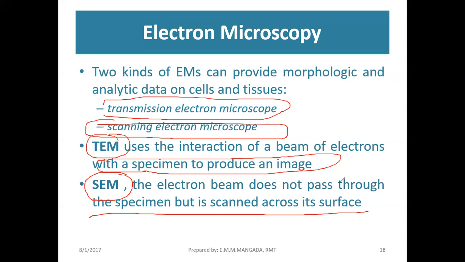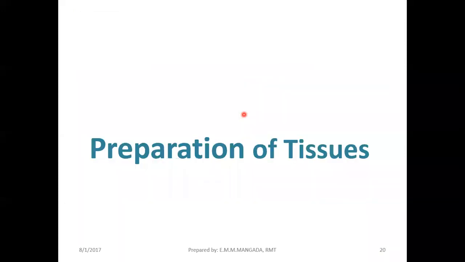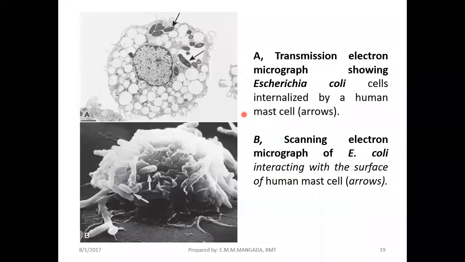So guys, now we have here a picture showing you the difference between your SEM and TEM when viewing specimens. We have here a picture of Escherichia coli. In picture A, this is a picture under your transmission electron microscope, and this one is under your scanning electron microscope.